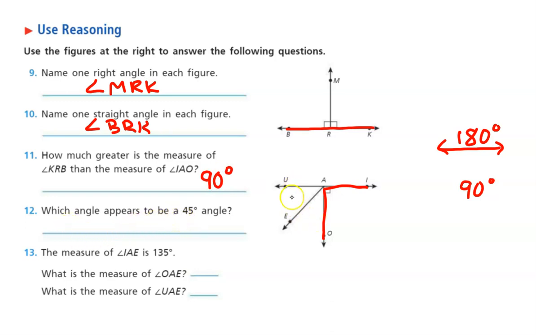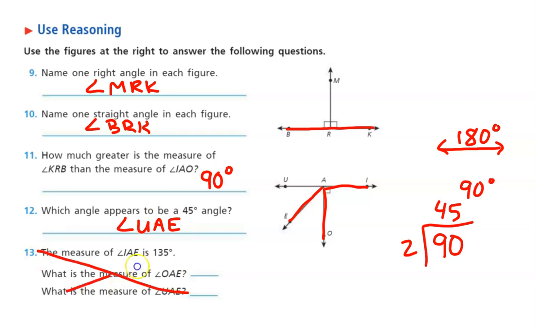Hopefully that's just a visual one for you to see. I also think about it like this. Half of 90 is 45, so half of a 90 degree angle would be this line here. So we could say that UAE would be a 45 degree angle. Okay, so we're going to skip number 13. You don't have to worry about that one right now.